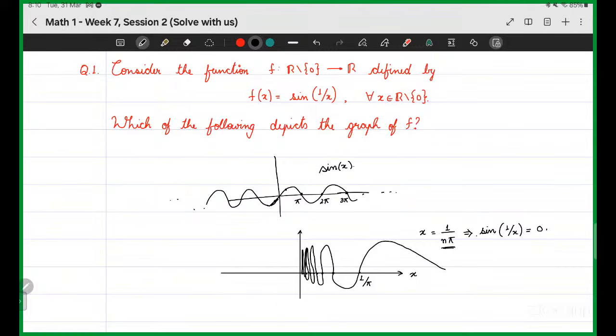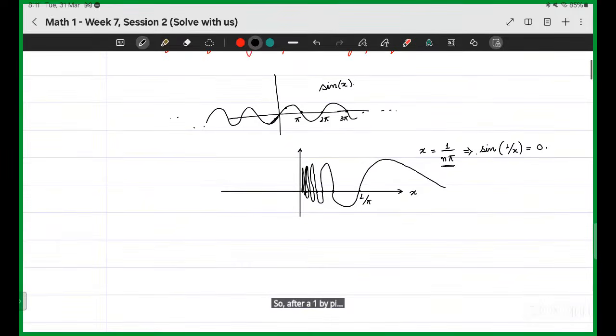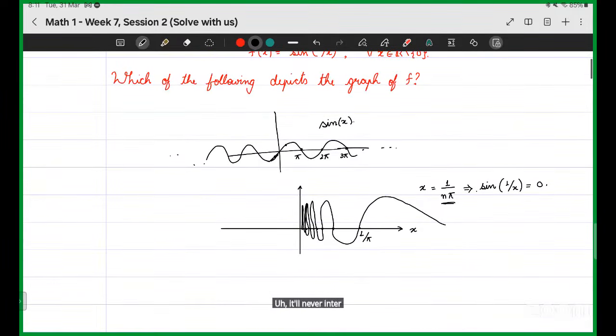Is this clear why this happens? Sir, after 1 by pi, it will never intersect the x-axis, right? It will not. Okay. And at 2 by pi, it will have the maximum value, that is 1. Yes, that's also true.